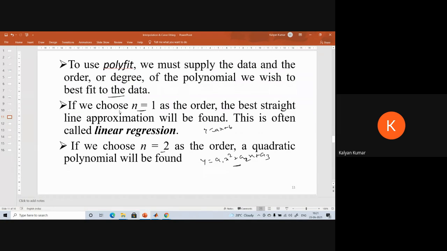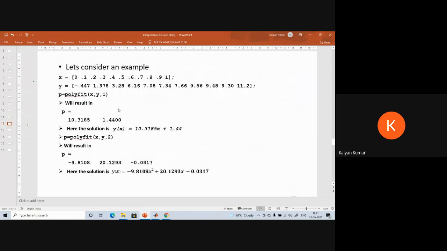So to understand this, let's consider an example. Here I have randomly taken the values x and y. x is varied between 0 to 1 with an increment of 0.1. For each x value, the y values are chosen by using the random function.